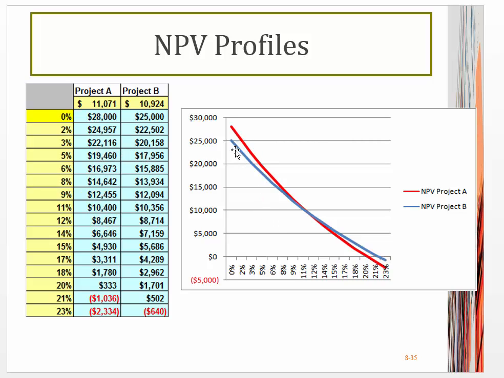So down on this end, A is better than B. But when you go down here to 17%, the net present value of A is 33 and B is 42. So now in this range, you can see that the blue project is better than the red project. For certain values, these things will agree with each other. But at other values, there is absolutely a difference in the value that's going to be brought to the company.